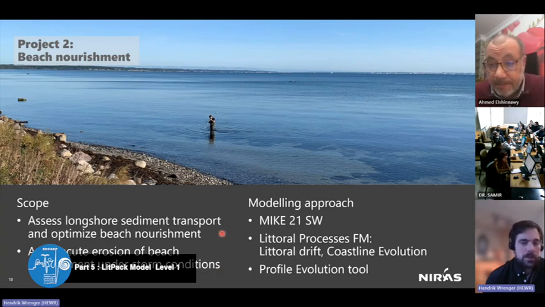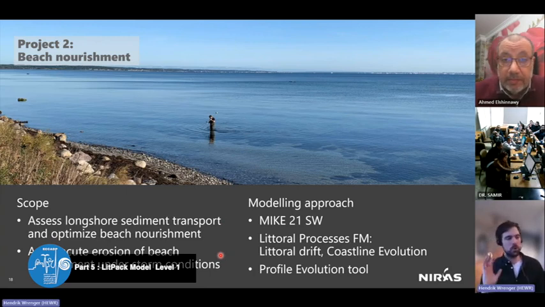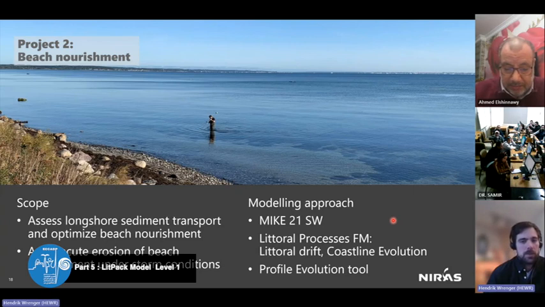So again, the separation here of long-term longshore and short-term profile evolution. And the modeling approach, again, also similar. We need wave conditions, so again, we need to set up a spectral wave model. We use the littoral process FM with the littoral drift and coastline evolution.